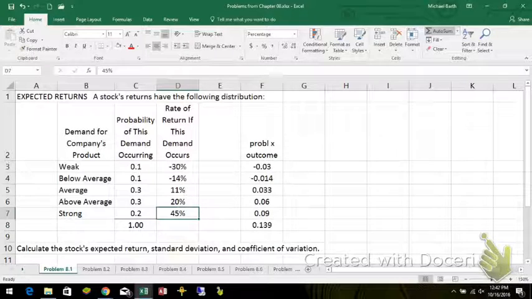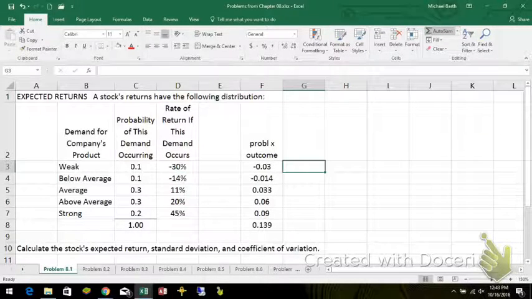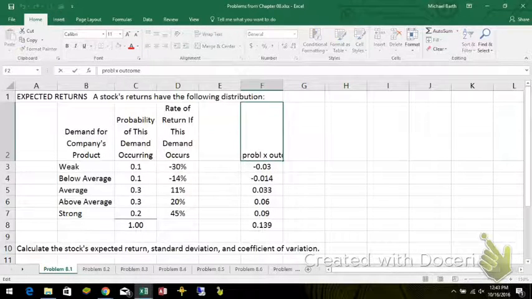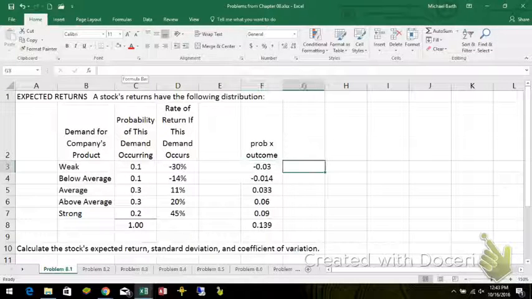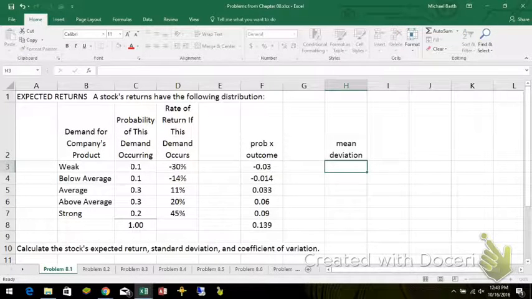Okay, so since these numbers are different, you have to use the weighted average approach to put the appropriate weight on the appropriate outcome. All right, to calculate a standard deviation from this mess, the next step is to take mean deviations. And the mean deviation is simply the outcome minus the weighted average outcome.